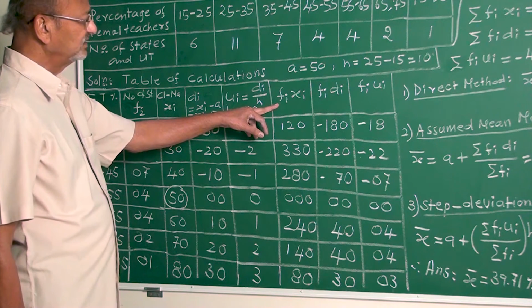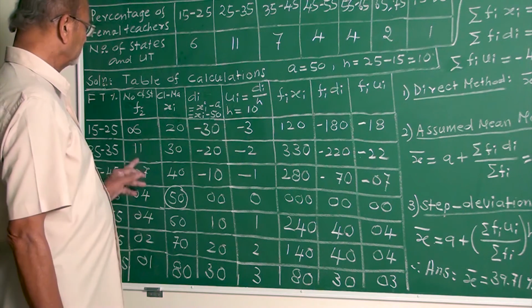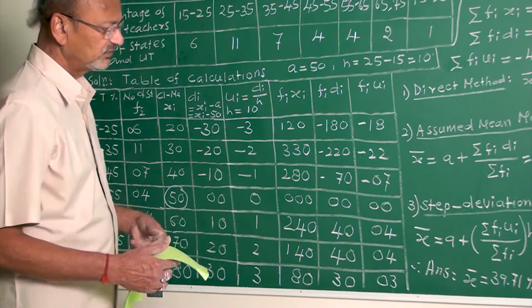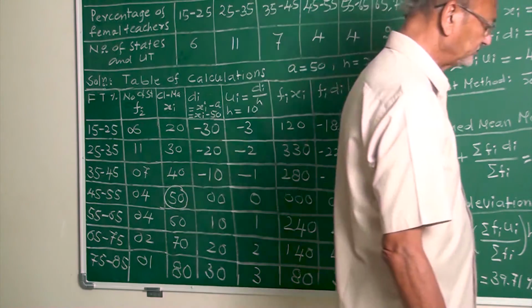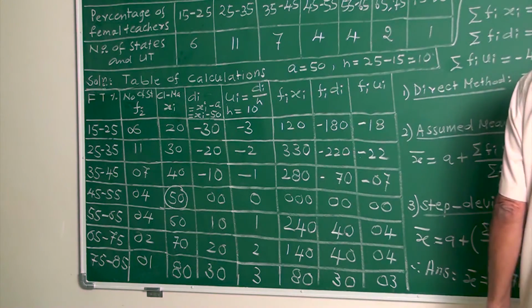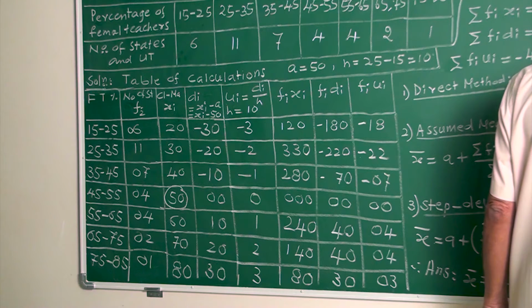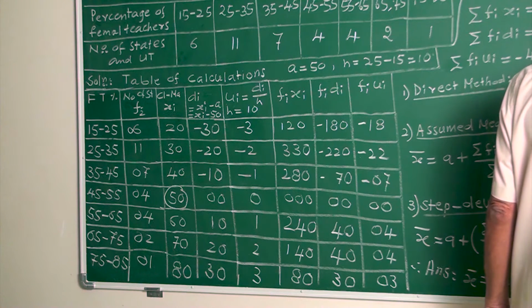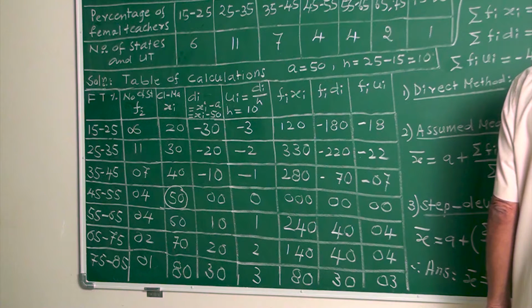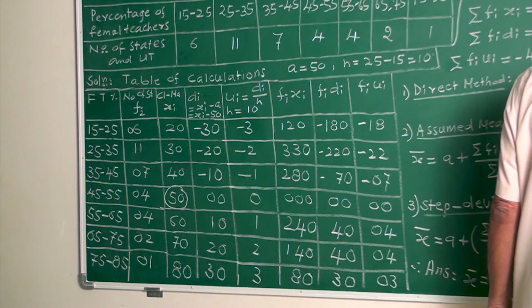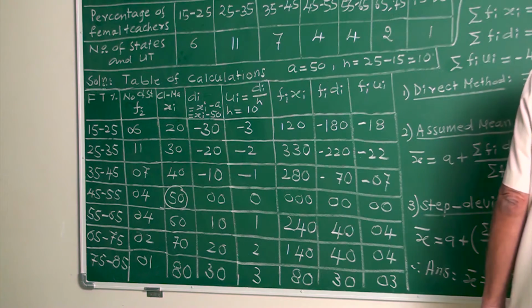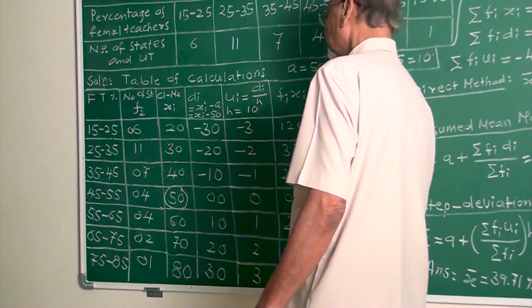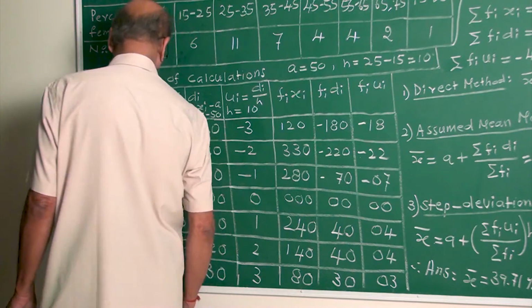After finding this, the direct method needs fi xi. This is fi, a very important column.